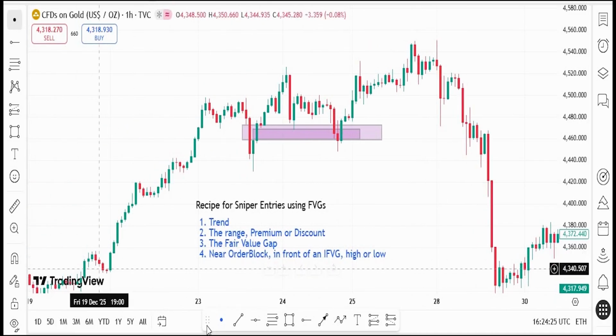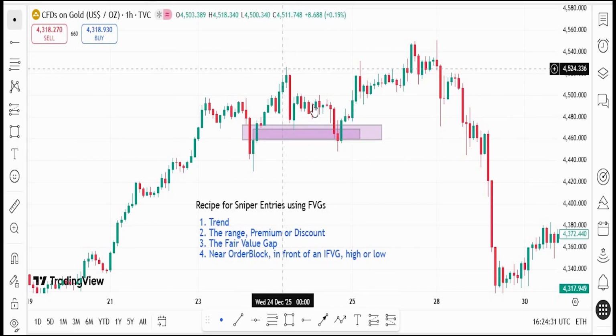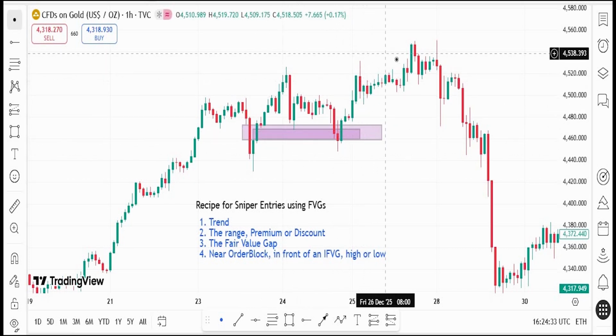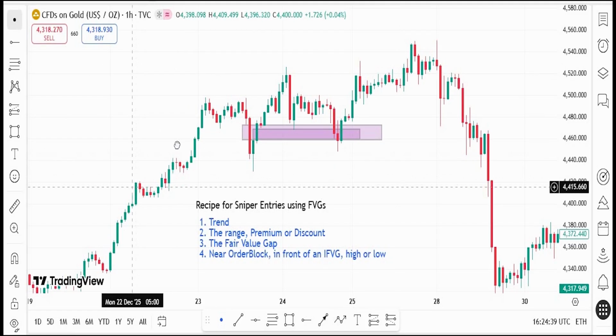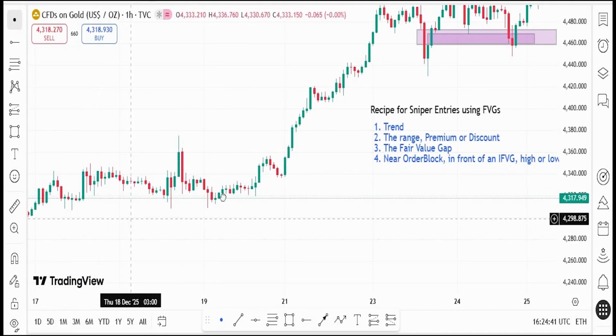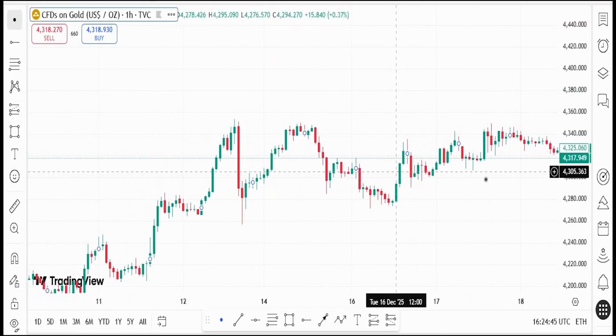So we could clearly see how the market reacted after it. It broke the previous high and created a higher high in the market. Now let me take you a bit backward to show you further examples of how it works.